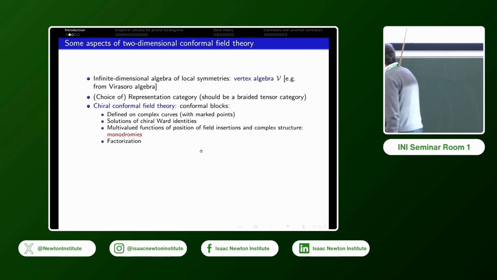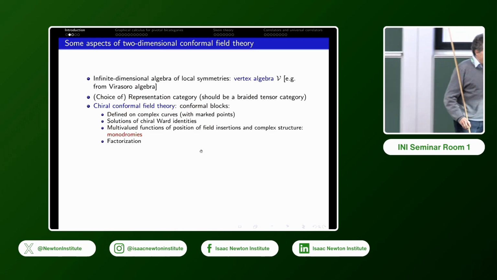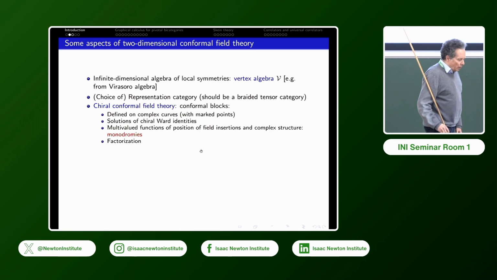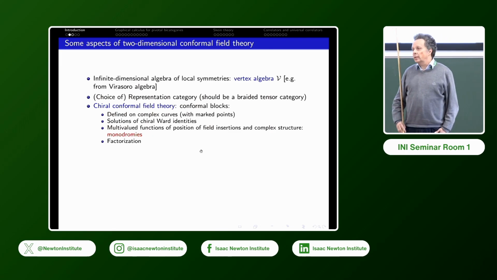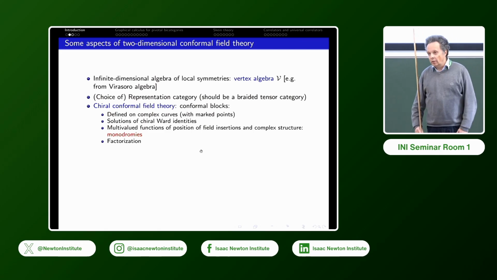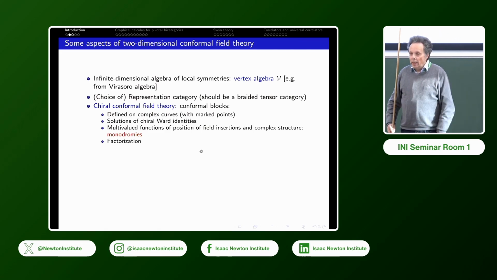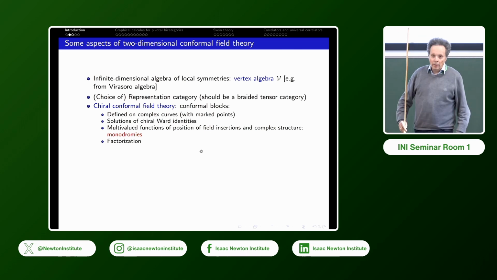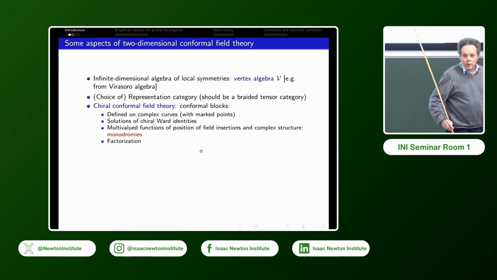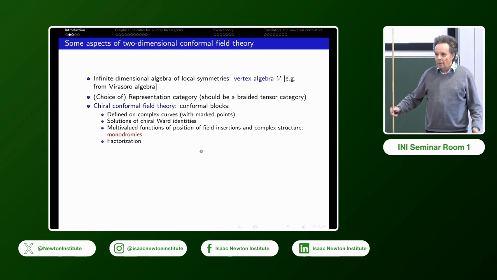So what I want to argue is that to establish the existence of correlation functions, it's enough to know these monodromies and to keep them under control. I'm not going to say I can compute these as functions of the moduli and of the insertion points. But I'm paid as a mathematician, so I think they can pay me if I'm establishing the existence of a consistent set of correlation functions. Yeah?